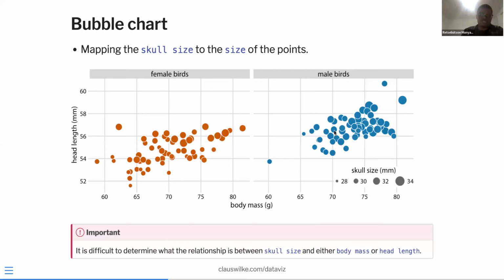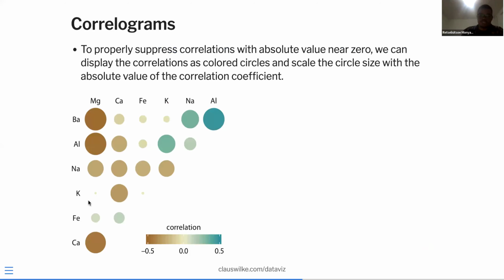Because here you can see that the correlation between magnesium and potassium is quite low, pretty much zero. Yeah, and that is that on correlograms. Just because of how huge this chapter was, I tried to take only the key terms. So if I'm skipping stuff, please go look at it in the book.